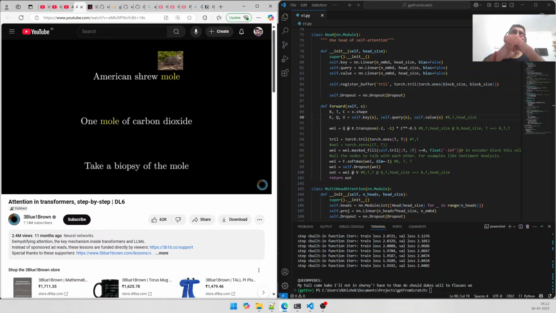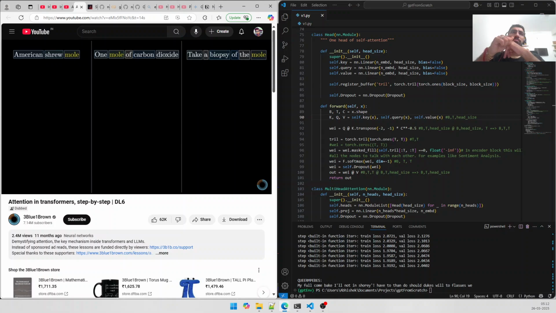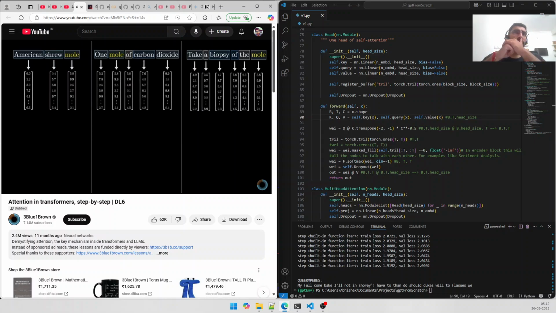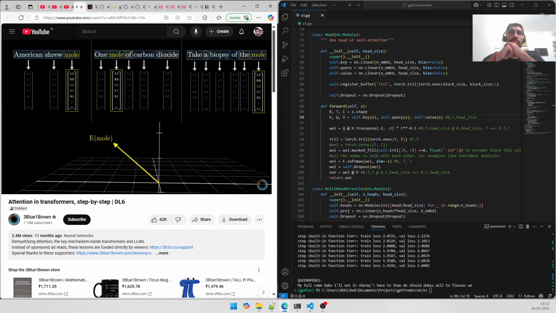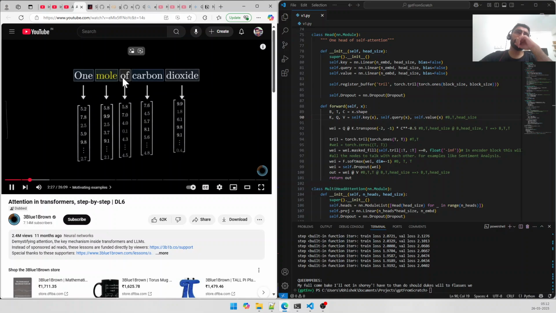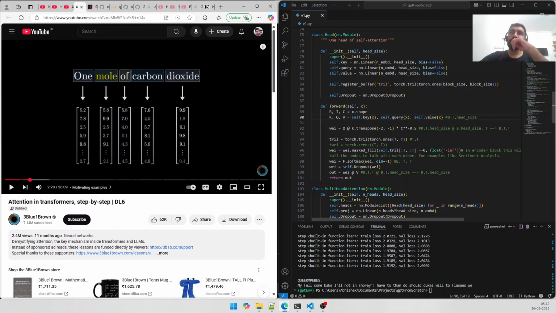You and I know that the word mole has different meanings in each one of these, based on the context. But after the first step of a transformer, the one that breaks up the text and associates each token with a vector, the vector that's associated with mole would be the same in all three of these cases, because this initial token embedding is effectively a lookup table with no reference to the context. It's only in the next step of the transformer.